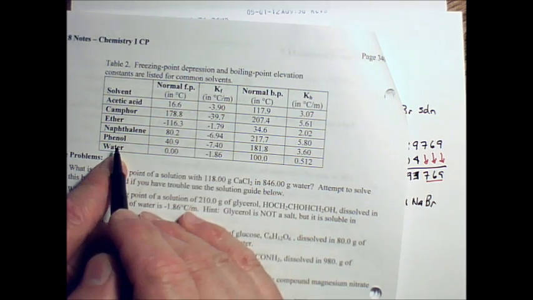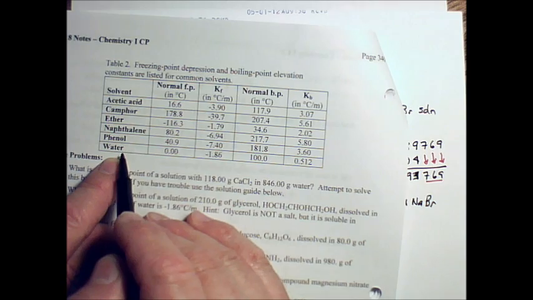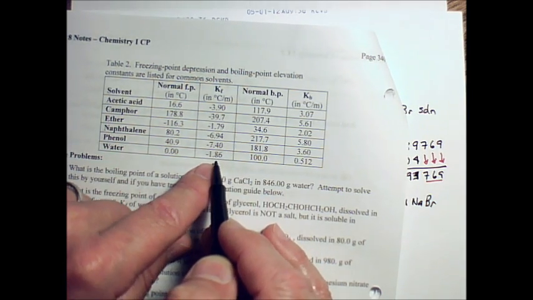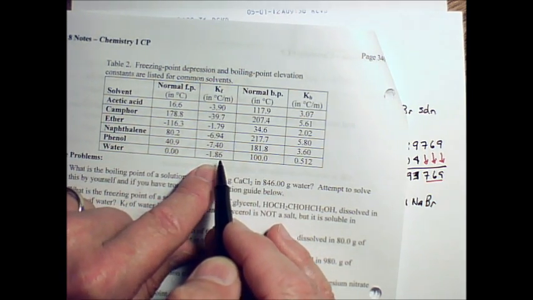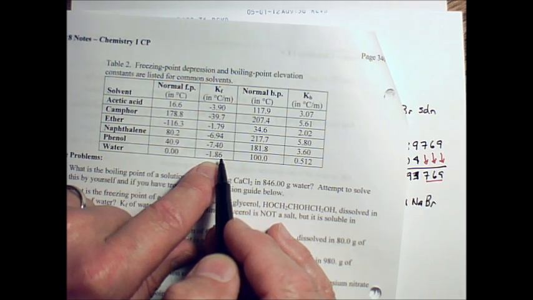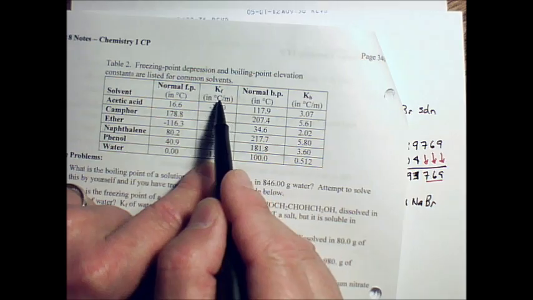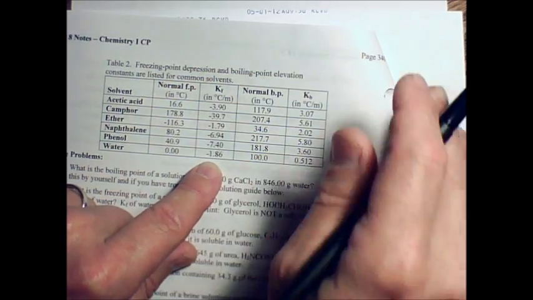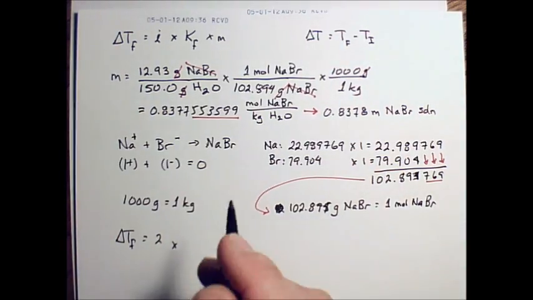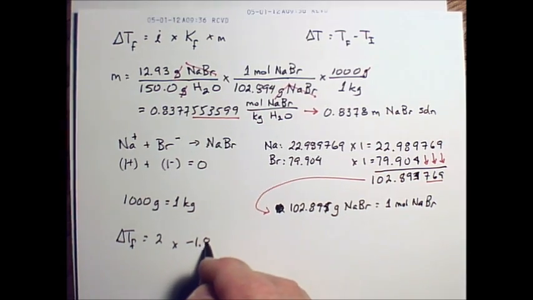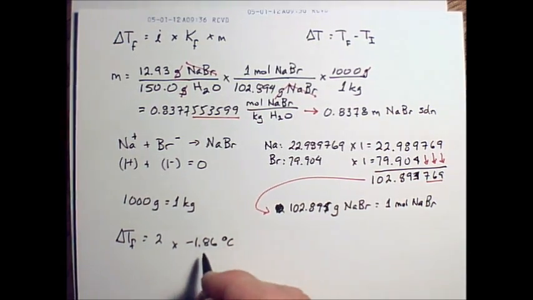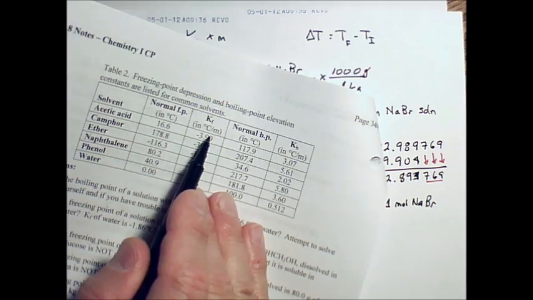The solvent in this case is water. Where these two intersect, there's the number we're looking for. Since we never put units of measurement in the cells where the numbers are, we look in the column label for the units to go with it. So it's negative 1.86 degrees C per mole.